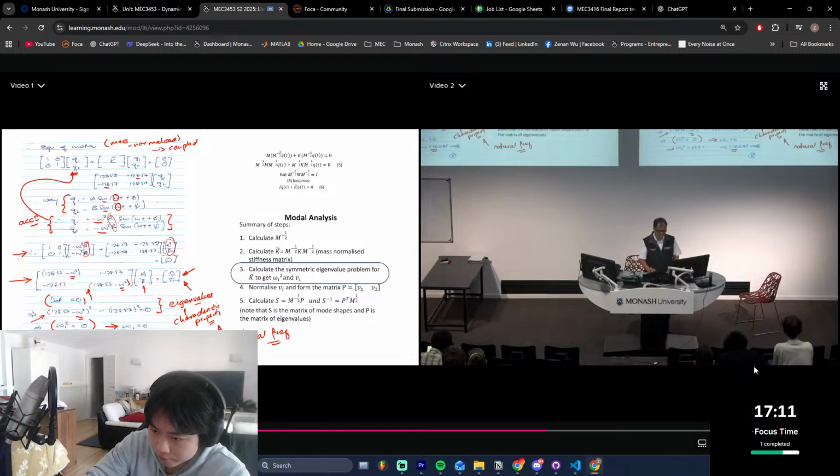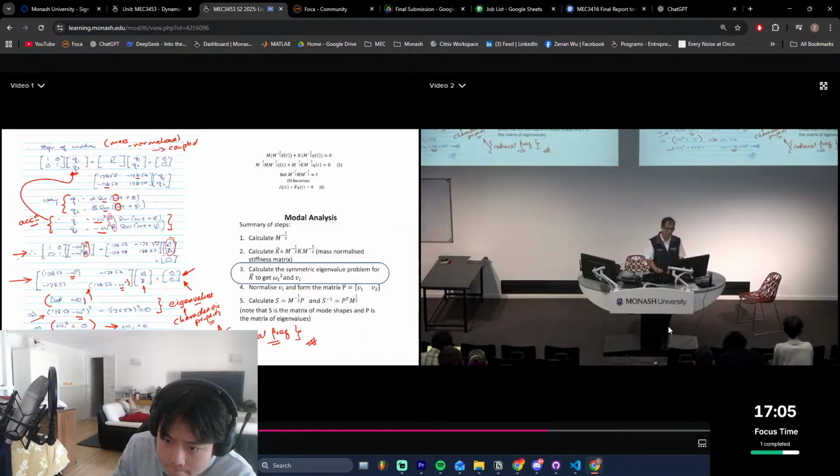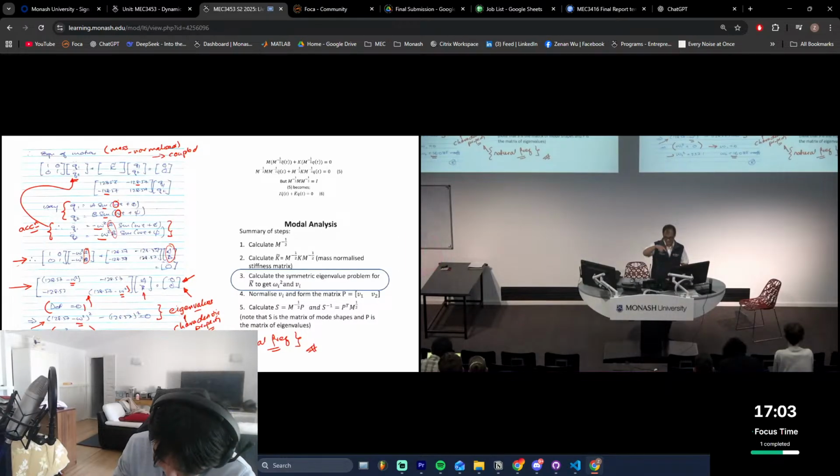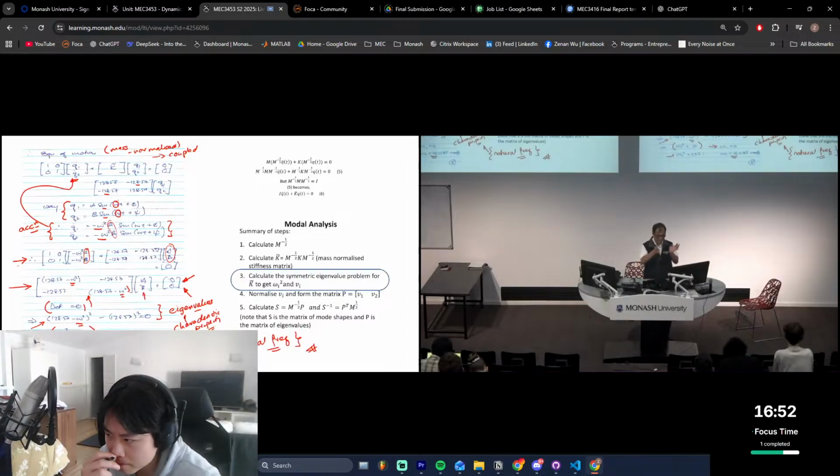We've done this, and because this is our characteristic value, we call this our natural frequency, because omega defines how the system is going to respond as a function of time.